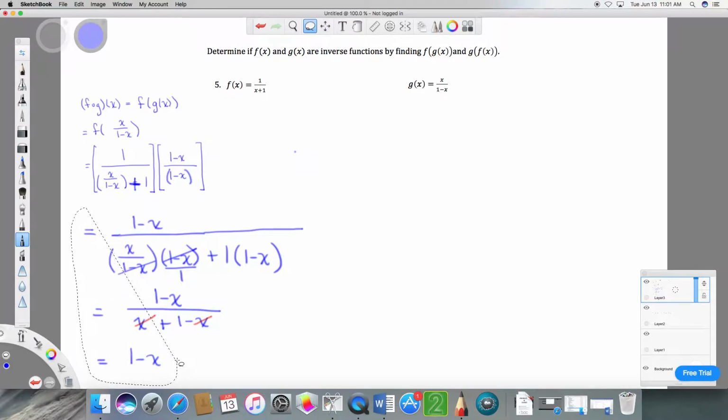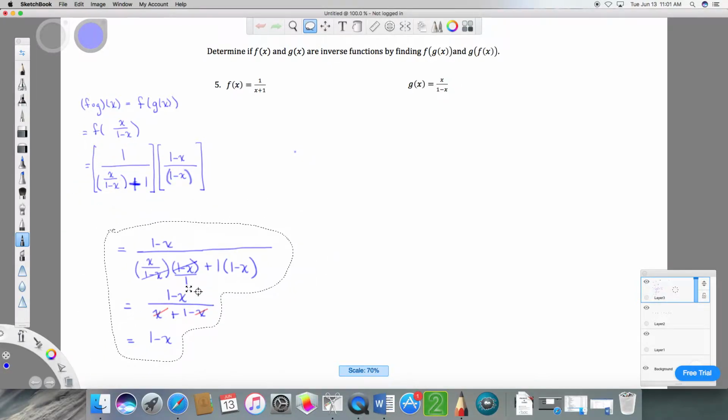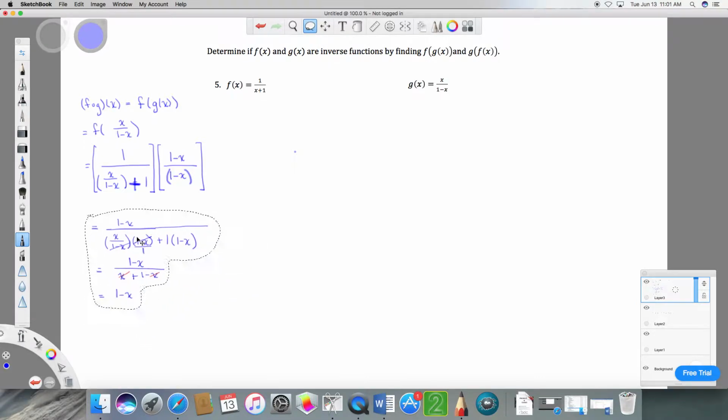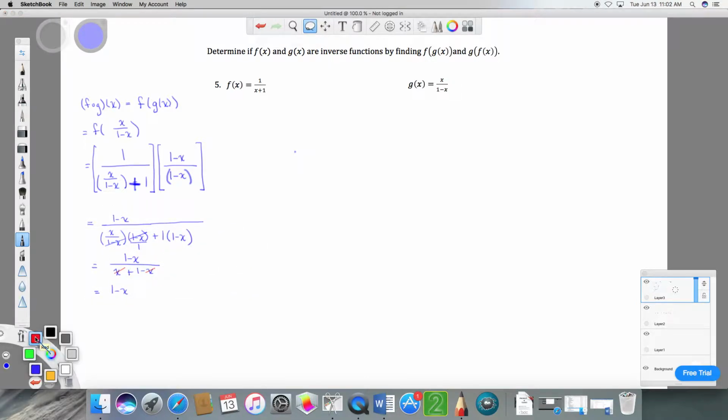What I don't know is if when you did this problem, did you find f of g of x first, or did you do the other composition? So suppose you did the other composition.